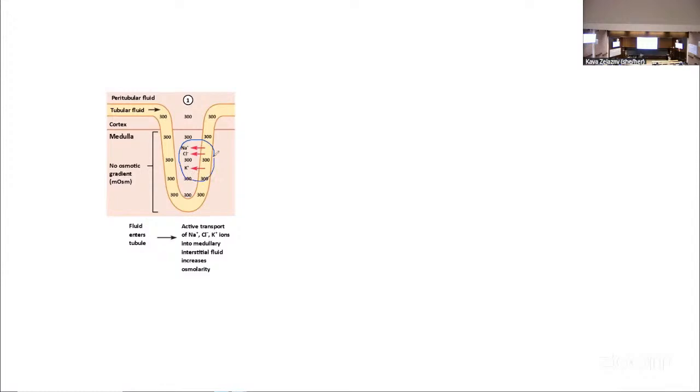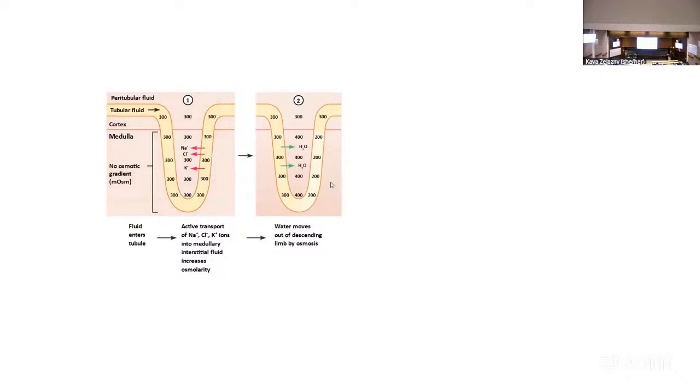All right, so if you start out with an imaginary situation where everything's at the same osmolarity, everything's at equilibrium, that's fine. But we put in energy in the ascending limb to shake things up. So here's where we have that active transport, using energy in order to pump those sodium, chloride, and potassium ions out of the ascending limb. That immediately increases the osmolarity of the medulla because that's where we are, so it just goes into the neighboring tissue.